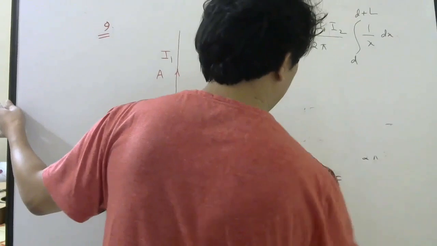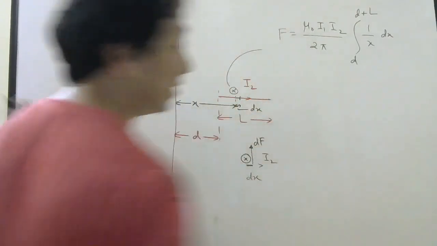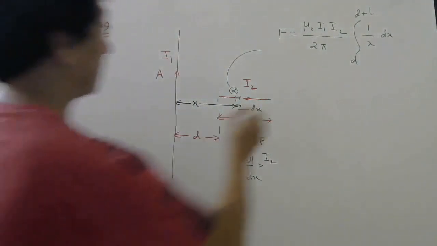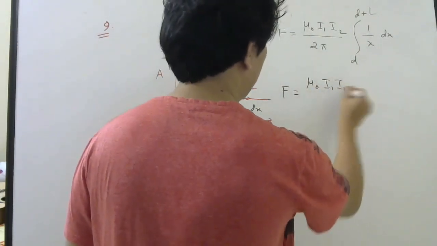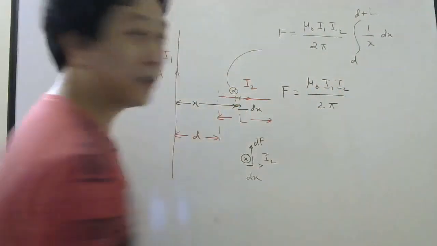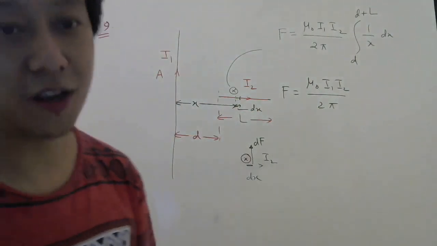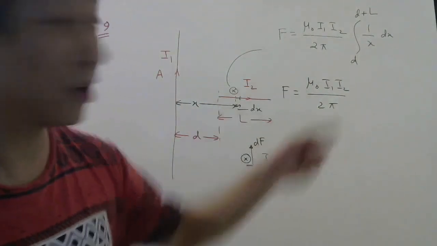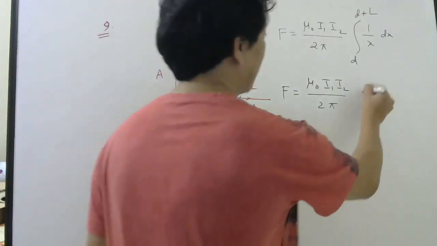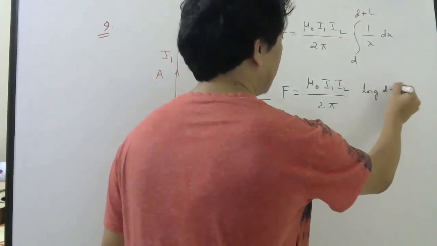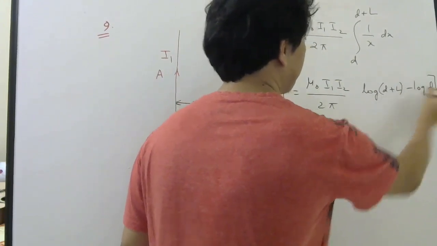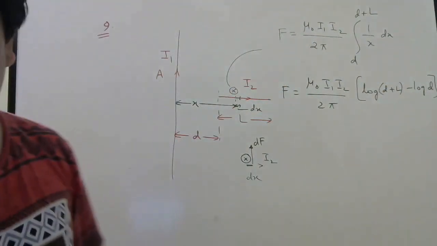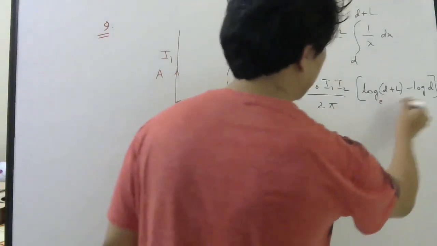Then you know already the integration of 1 by x dx is log x. So this is mu naught I1 I2 divided by 2 pi, integration of 1 by x dx is log x. Put the upper limit, log of d plus L, minus log d. Then use the formula log a minus log b, base e.